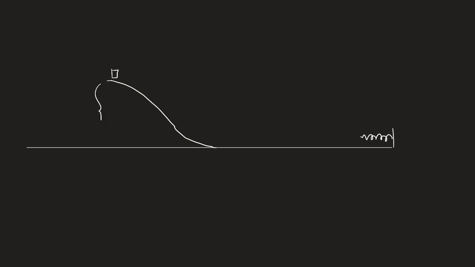If this was 0.45 meters, and if this was a 2 kilogram block, and if I say that this is frictionless, and tell you that this is a 200 Newton per meter spring, then yes, the answer would have been 0.3. That's not what happened in this problem.